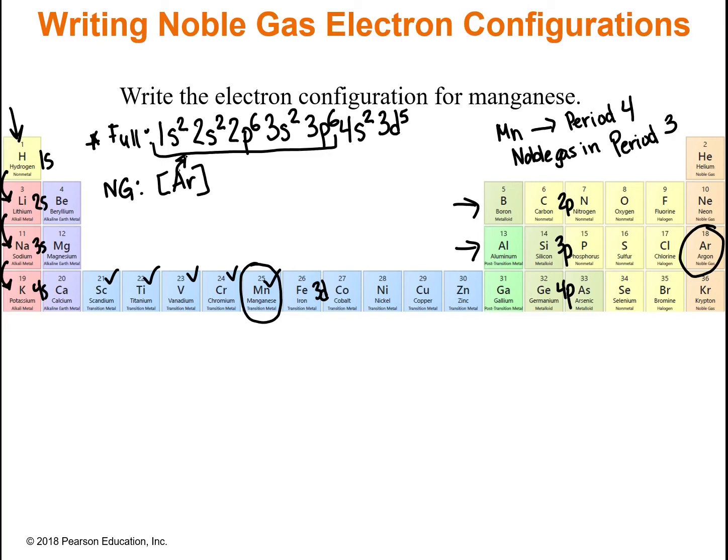Now you need to fill in the gap between argon and manganese. So we still need to write some portion of a configuration, but a much smaller part. The only thing that's left is what's in period 4. The 4s2 and 3d5.